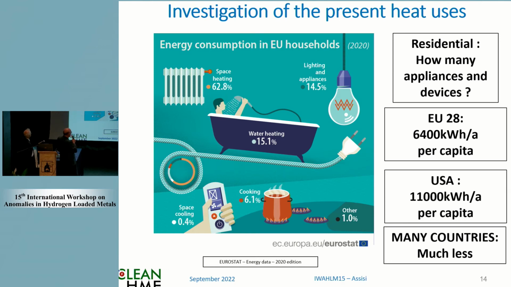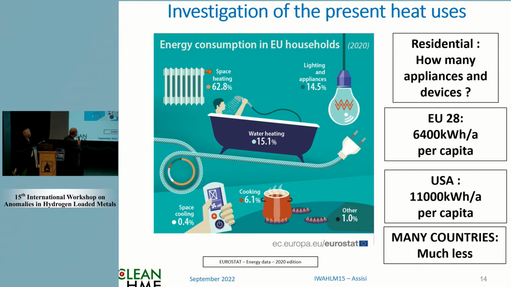But to make things more clear, look for example at the residential use of energy. Fine. You find that per capita you use in Europe at least 15% of heat to heat up your water, 63% for space heating and things like that.